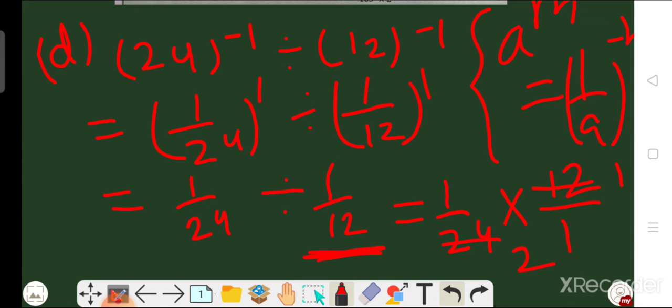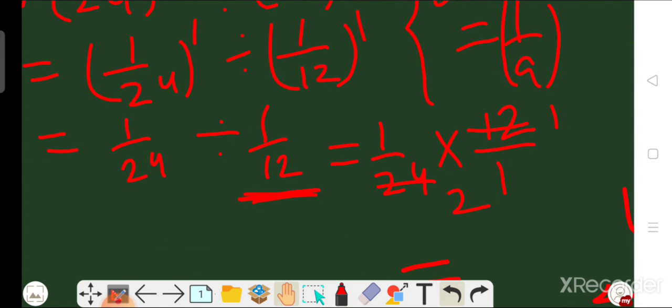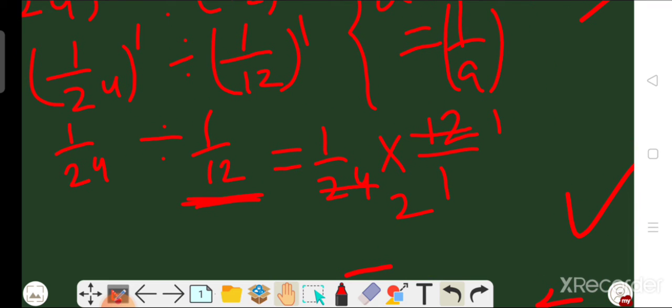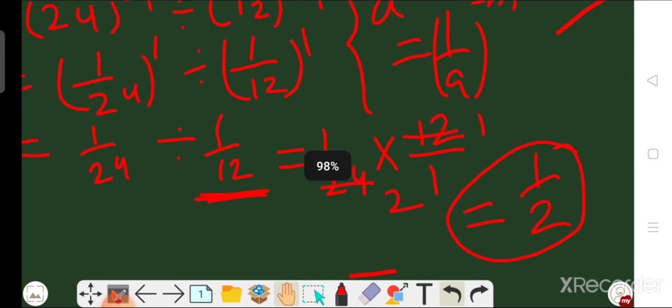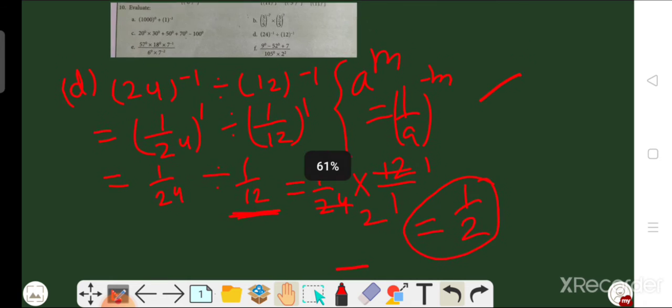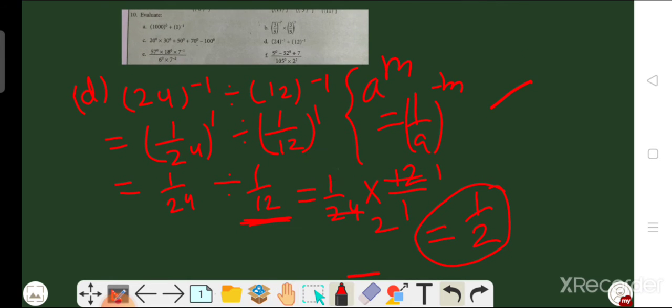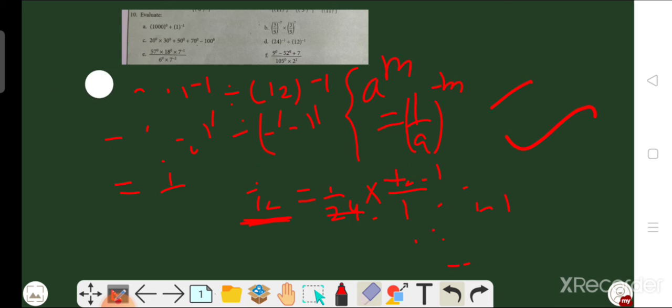So the answer of this part is 1 by 2. This is the solution of your D part. Clear? Now look at the E part.